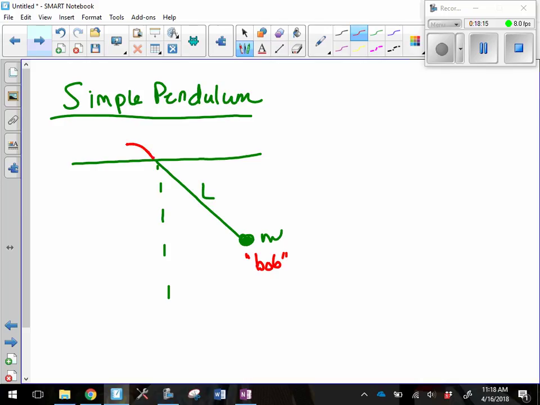And there's a pivot point up here. And ultimately, what we want to find is an expression for the period of the pendulum.